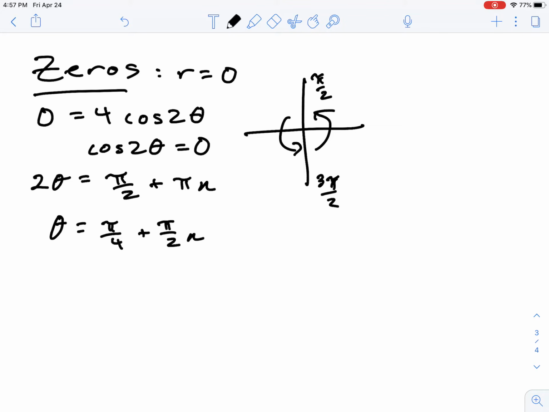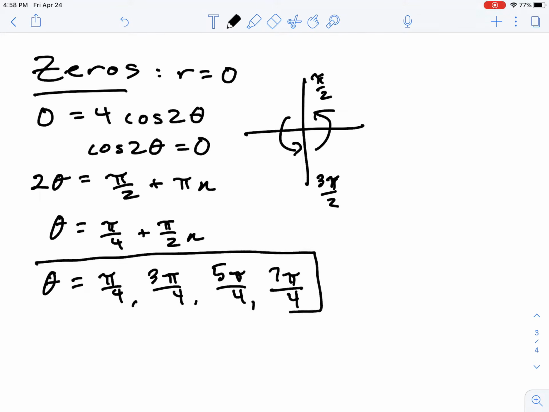Again, this is just a review of solving double angle equations. So let's express all the angles from 0 to 2 pi that fulfill this. We can say that theta is equal to pi over 4, 3 pi over 4, 5 pi over 4, and 7 pi over 4.